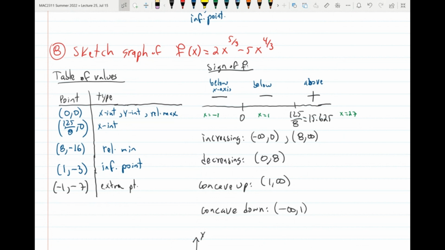Okay, so we get 81. So that's 27, 81. That's another extra point.